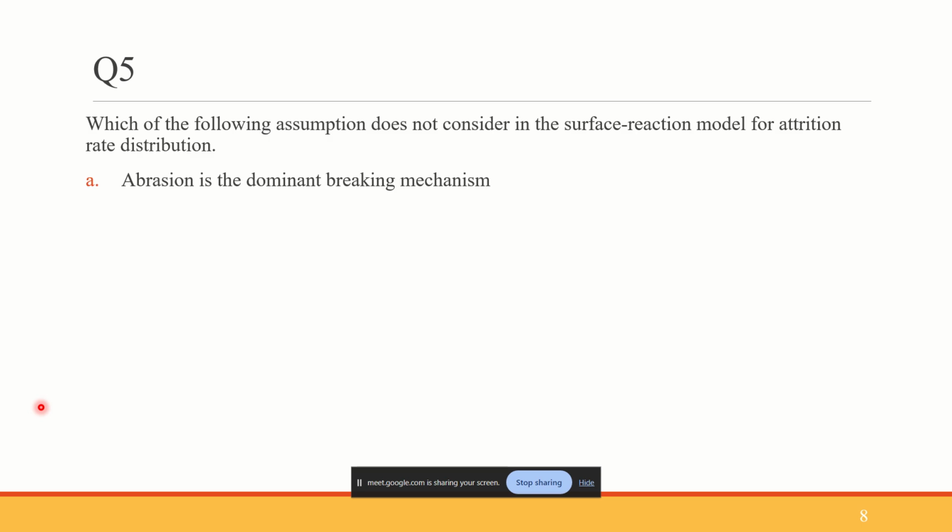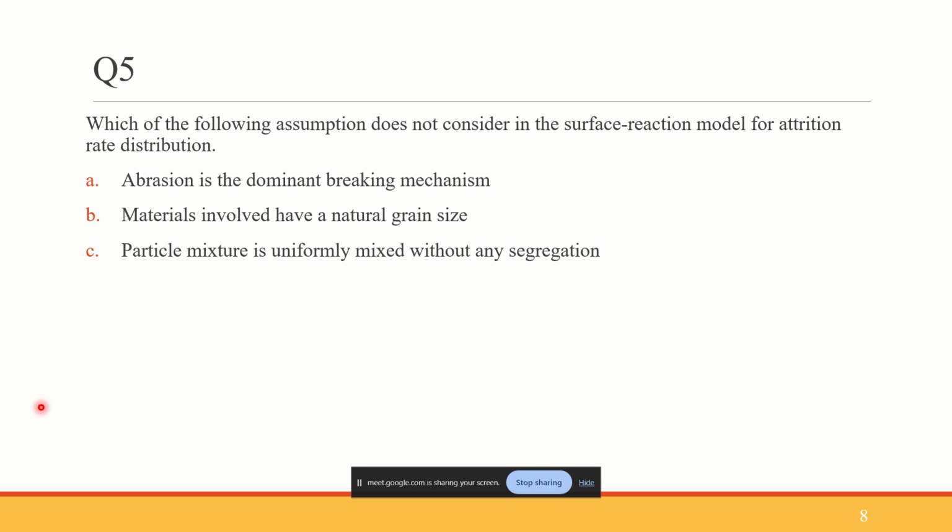So options are: abrasion is the dominant breaking mechanism. Option B, materials involved have a natural grain size. Option C, particle mixture is uniformly mixed without any segregation. Option D, attrition mechanism of each material can be commonly defined. So we have seen that the right answer is option D.